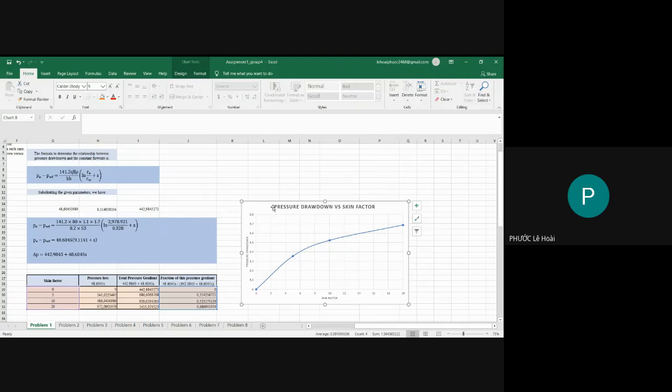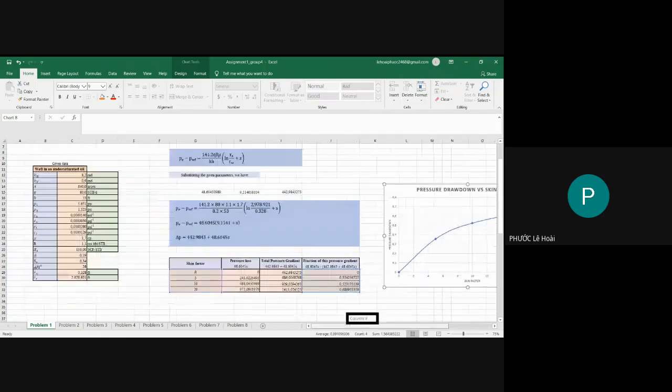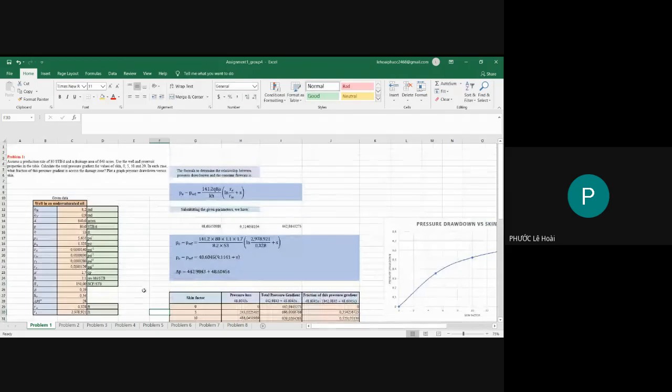It shows us the pressure drawdown versus the skin factor when the skin factor ranges from 0 to 20, and the pressure drawdown ranges from 0 to 0.8. And you can see that this graph has an increasing trend line here.